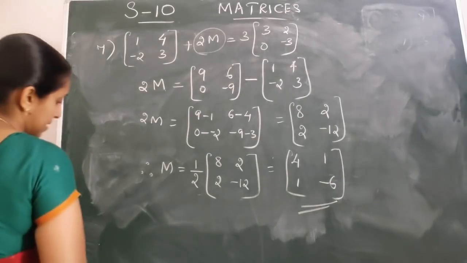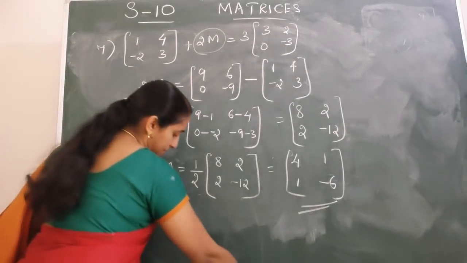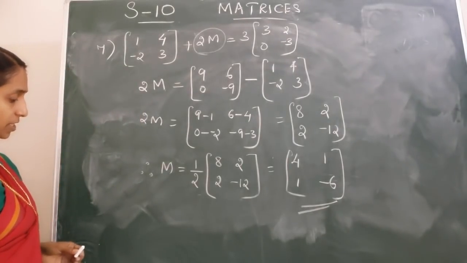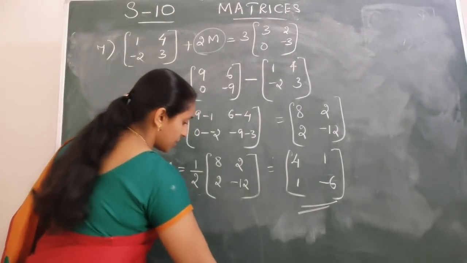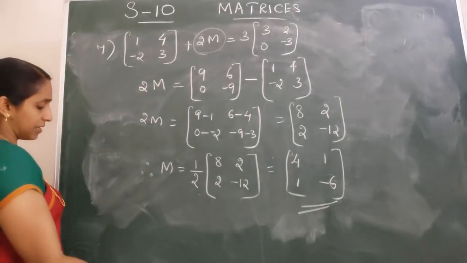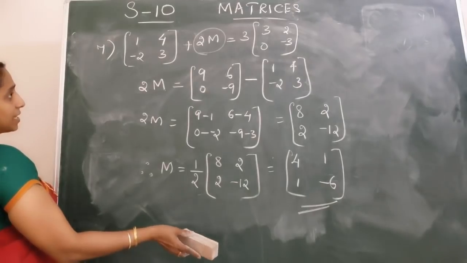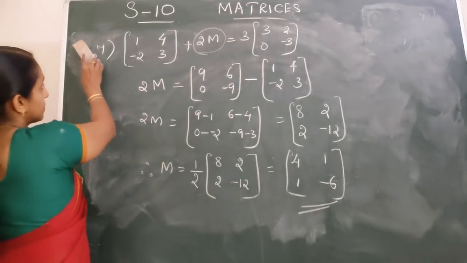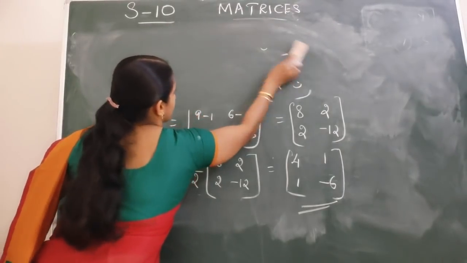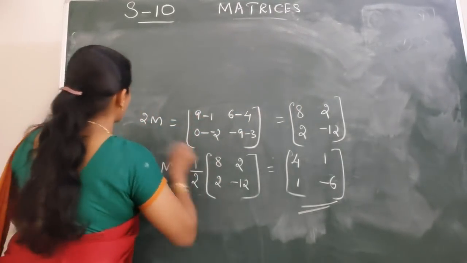Now, if two matrices are given, if you have taken question number 9. Question number 9. Okay children, question number 9. Question number 9 if you are taking, you are having two matrices in the form given X plus Y and X minus Y. Okay, question number 9.